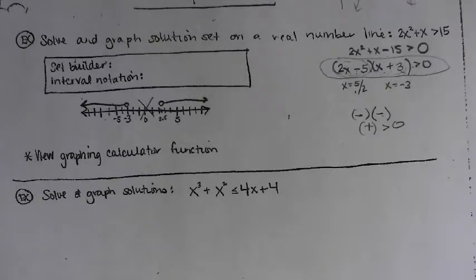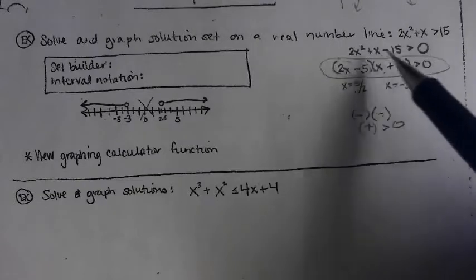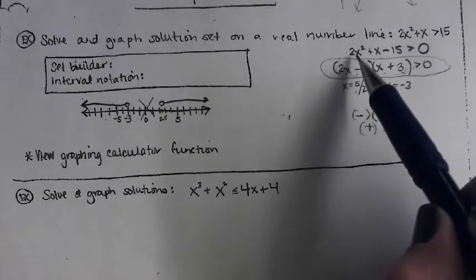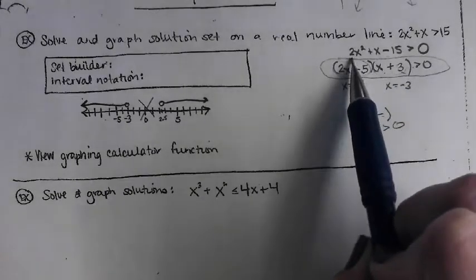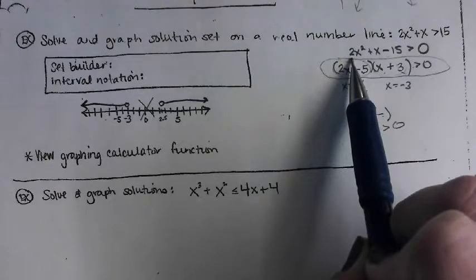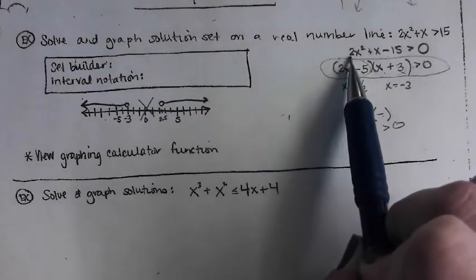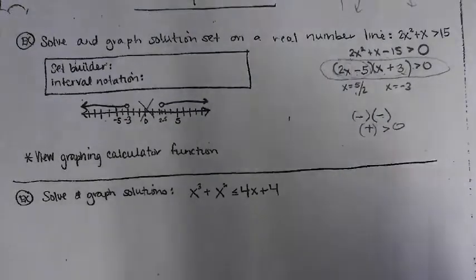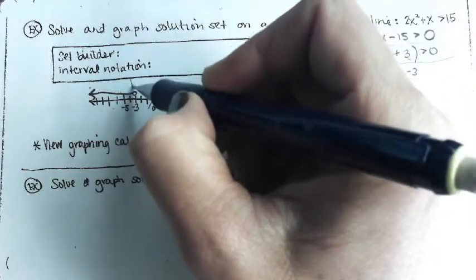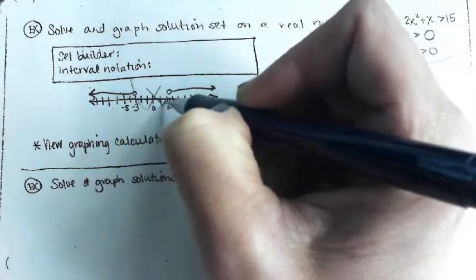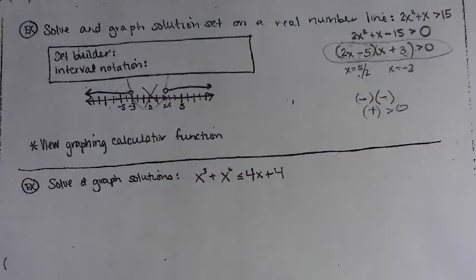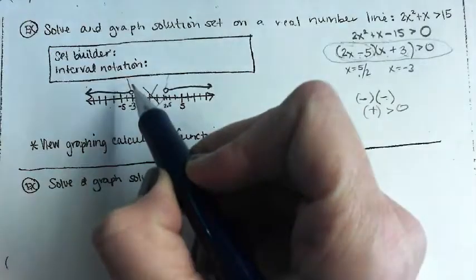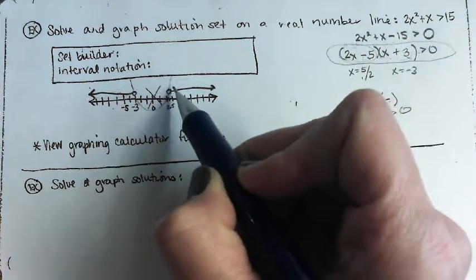The other method you guys could use, if you know your zeros and you know this graph opens up or opens down based on the leading coefficient. Does it open up or does it open down? Positive 2x squared. Up, right? So if you picture a parabola that opens up using those roots, when is it above the x-axis? All the way over here and all the way over here.